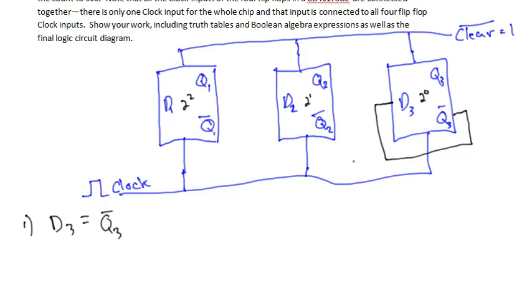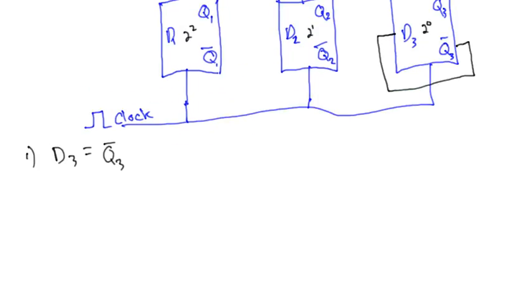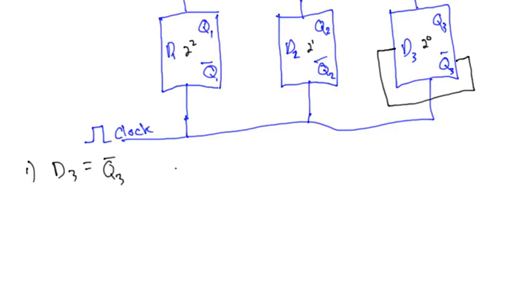So this one affects it and that one affects it. Let's see if we can generate a truth table on what D2 should be based on what Q2 and Q3 are. So call this number 2. D2 is based on Q2 and Q3.